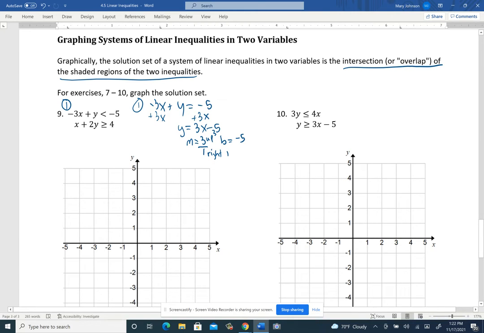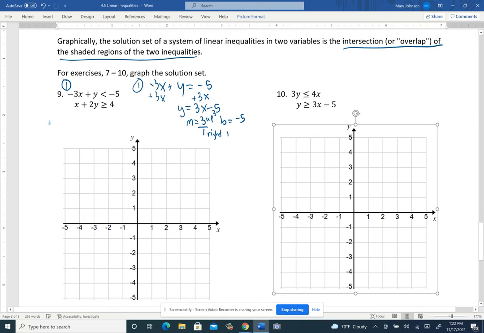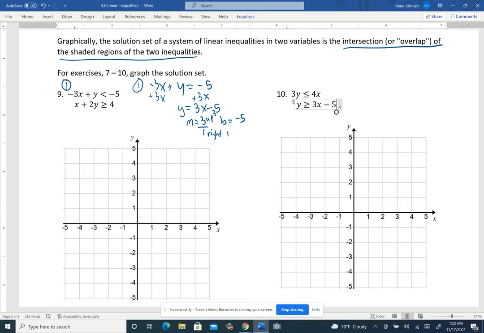So we're going to begin to graph this one. I'm going to begin at negative 5. Hold on a minute. I moved something here and I need to get out of it. Okay, so I'm going to begin at negative 5, and then I need to go up 3 to the right 1, up 3 to the right 1.